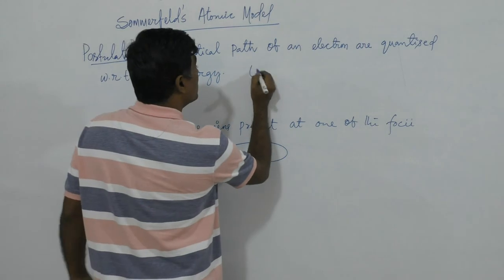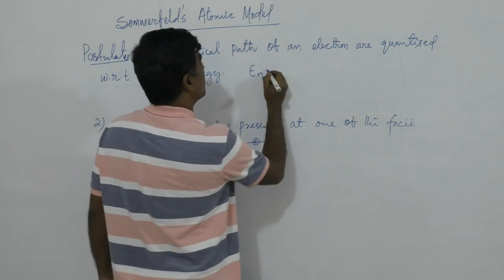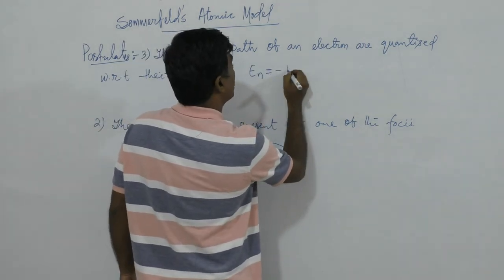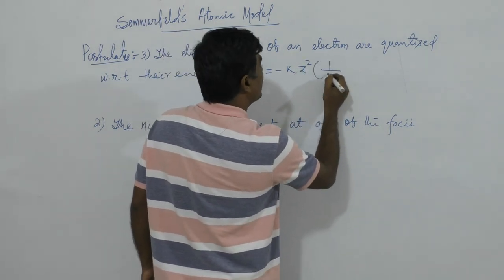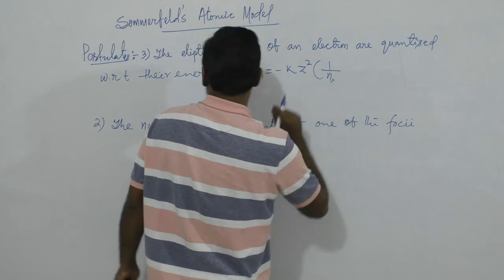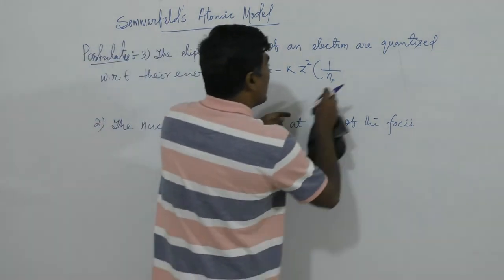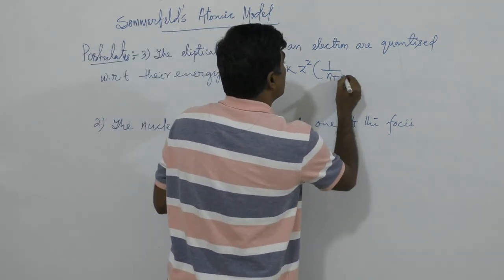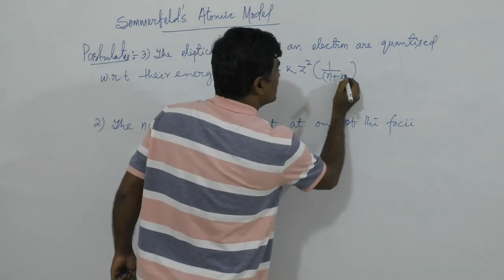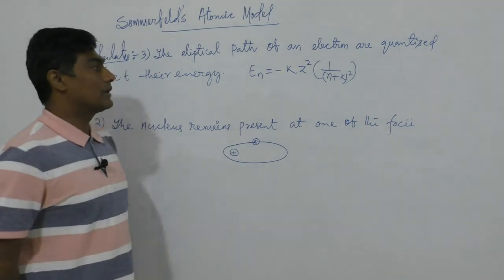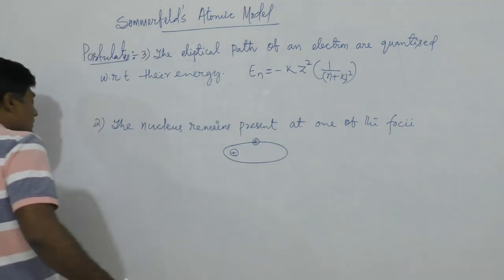The formula of the energy is En = -kZ^2 (1/(n+k))^2.